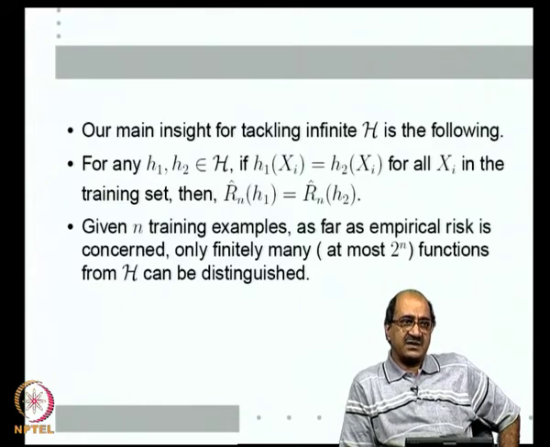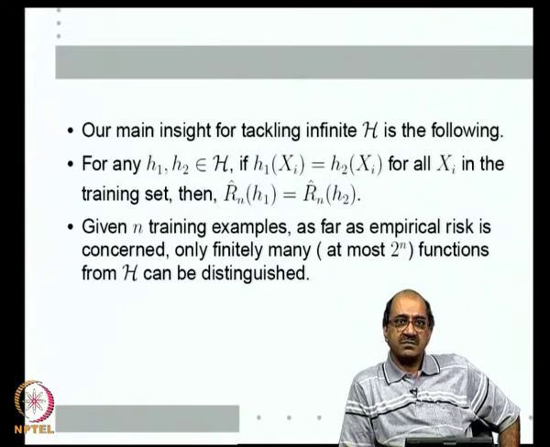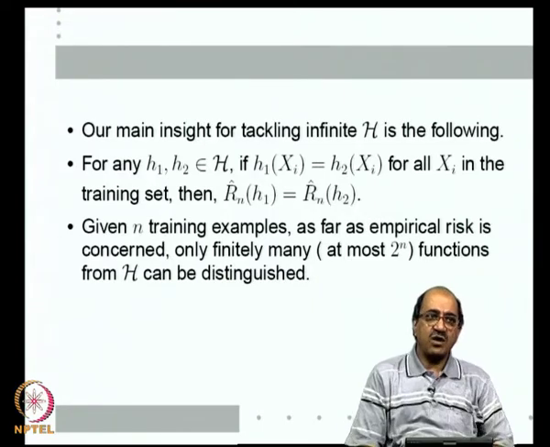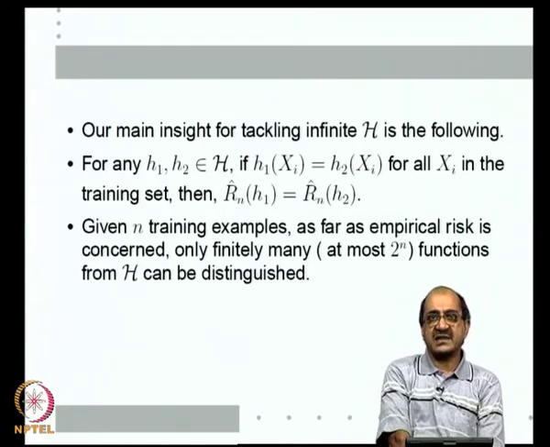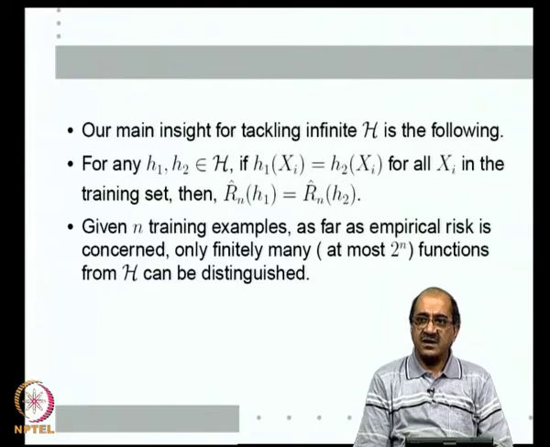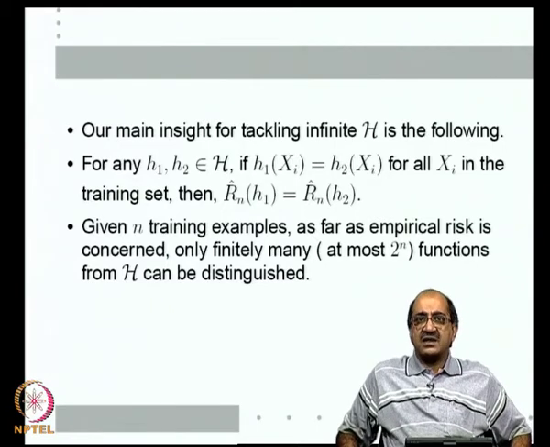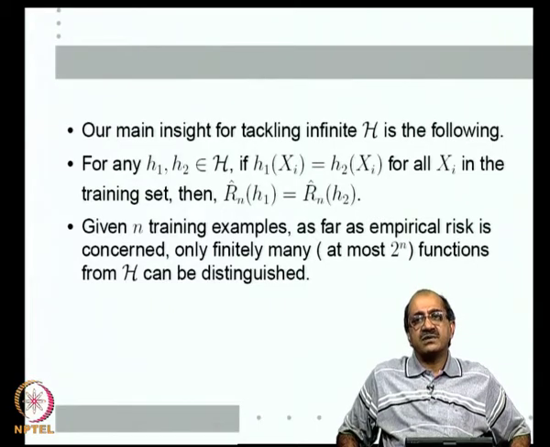How many can I distinguish? I have got n samples and the h's are all binary valued functions. So, for any given h, if I look at all possible values it can take on the n sample, it is one n bit binary number, right. Every h, if I look at all possible values it can take on the entire set of training data, is one of the total number of n bit binary numbers.